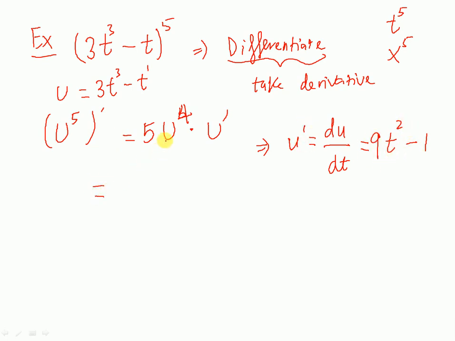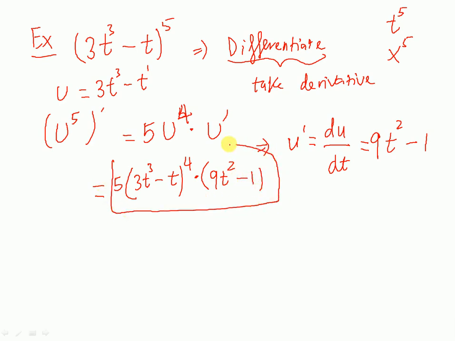Now at the end we have to convert back everything in terms of t, because your original function is in terms of t. So now for u, we plug this whole expression back. So 5 times t cubed minus t, to the 4th power, and then u prime is 9t squared minus 1. So that is your answer.